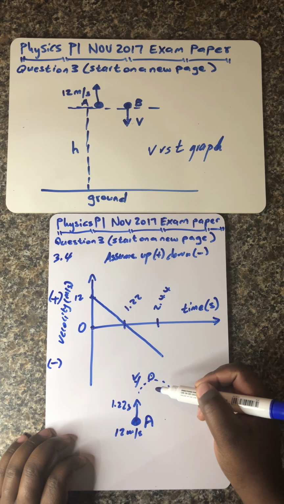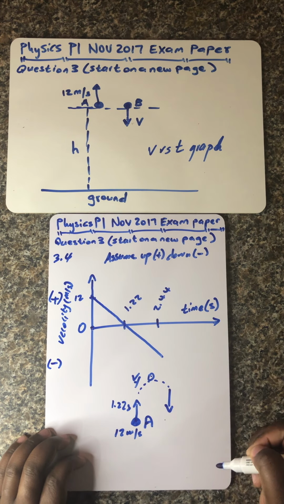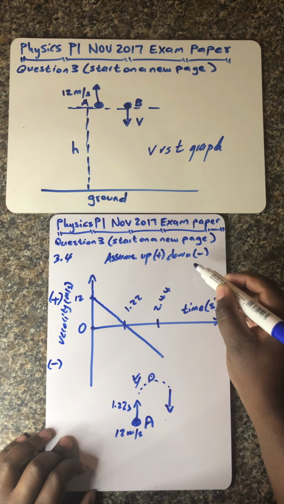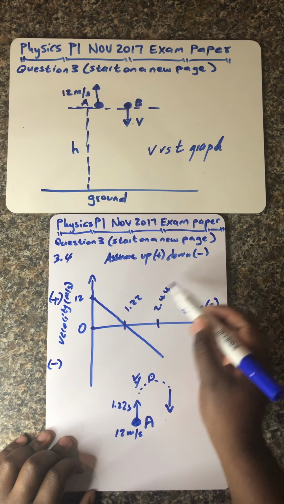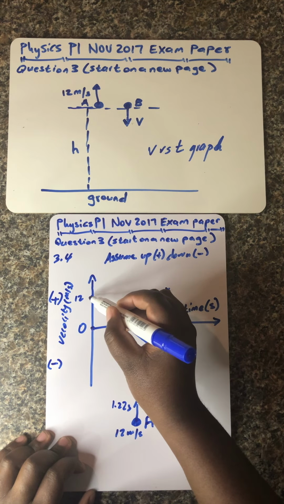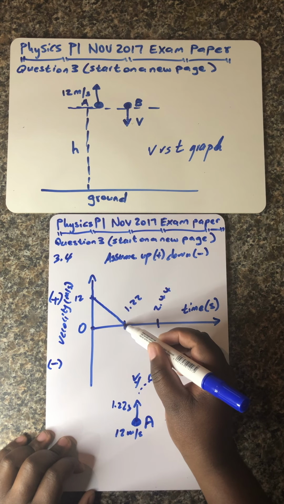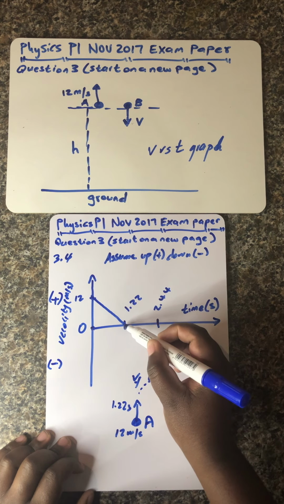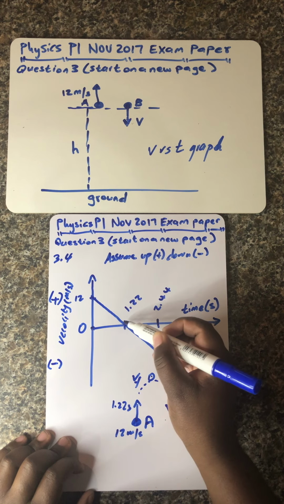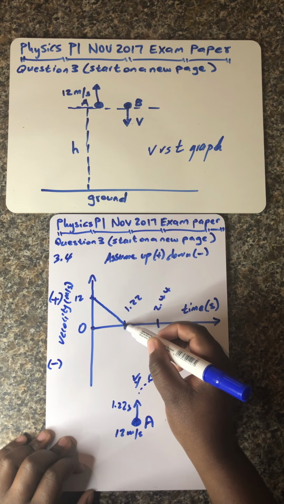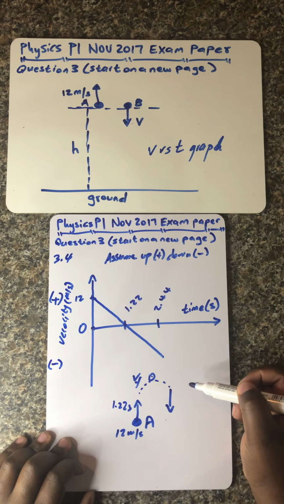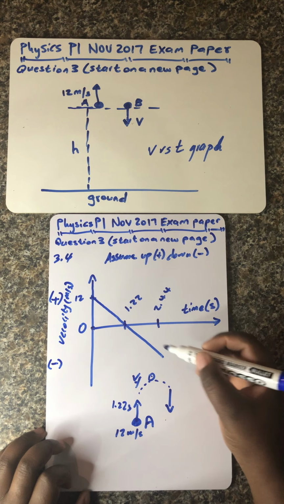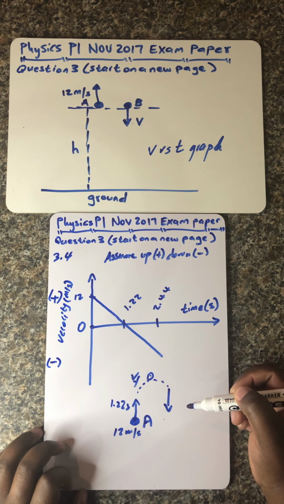And then from that point, what happens to that object? It goes down. It returns in the opposite direction. Can you see? That's why from that point it doesn't go in that direction, because that would mean that as soon as it reaches its maximum height where its velocity is 0, it starts to gain velocity in the same direction, which is not what we've gone through in those calculations, nor what the given information says.